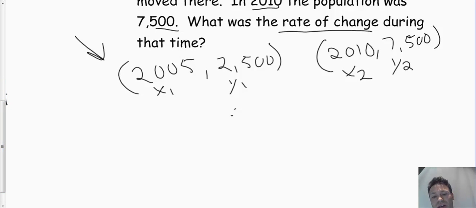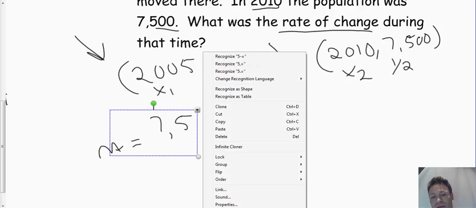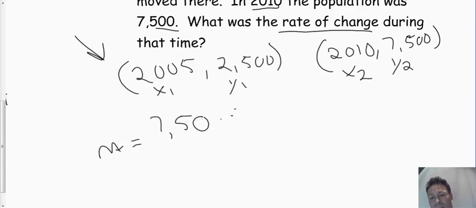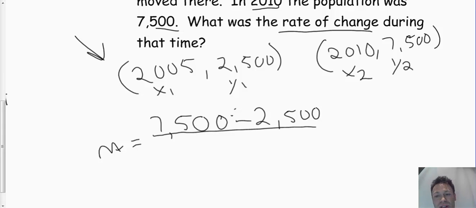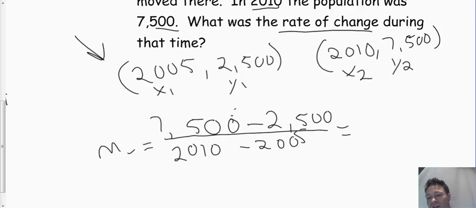So m, which is rate of change, is equal to 7,500 minus my y1, which is 2,500, divided by 2,010 for x2 minus 2,005 for x1. Subtracting the top, I get 5,000 in my numerator, and subtracting the bottom, I get 5 in my denominator.